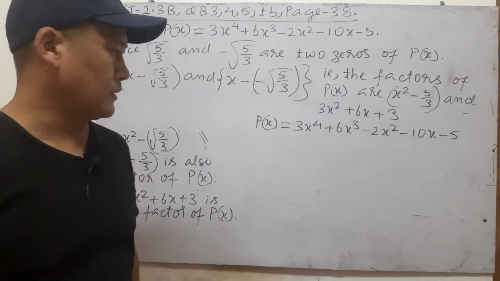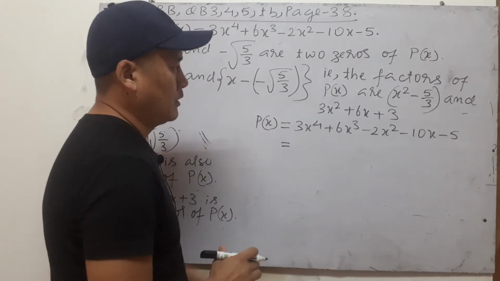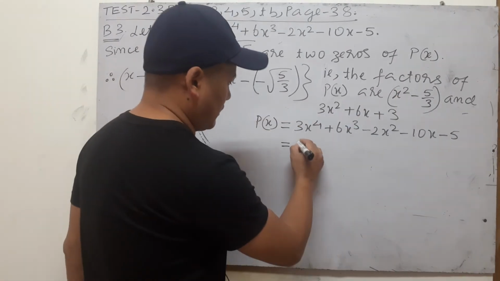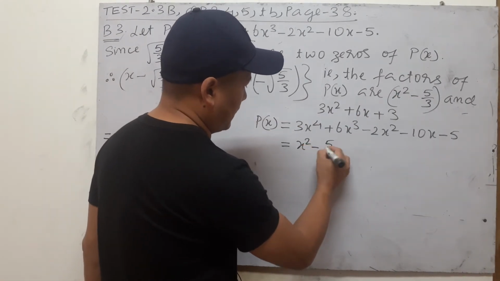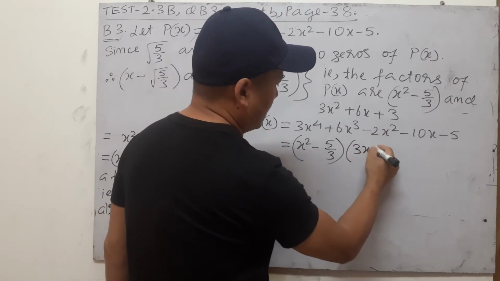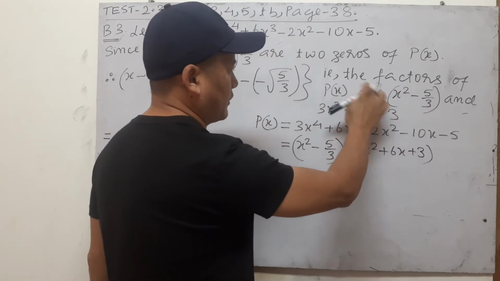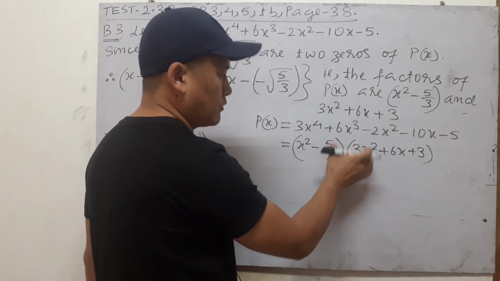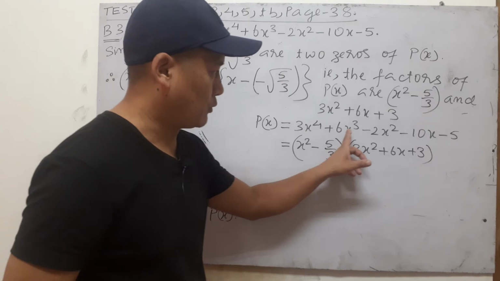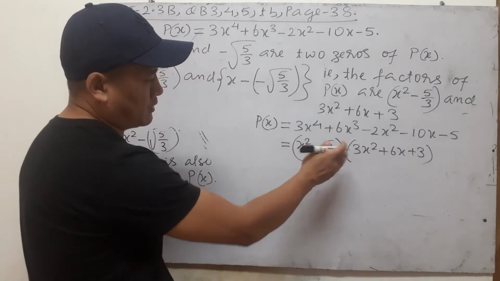In its factorized form we can write it as these two multiplied: x squared minus 5 by 3, times 3x squared plus 6x plus 3. All the factors of p of x multiplied is actually p of x. When we multiply, we'll get this. We know this by common sense. So you can simplify this.